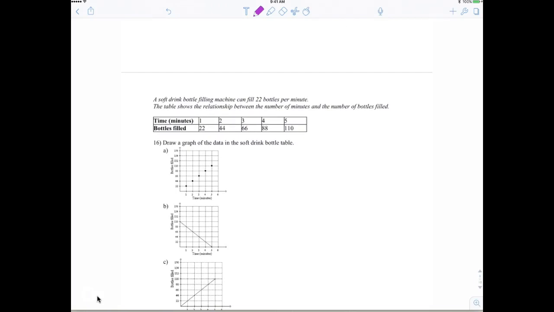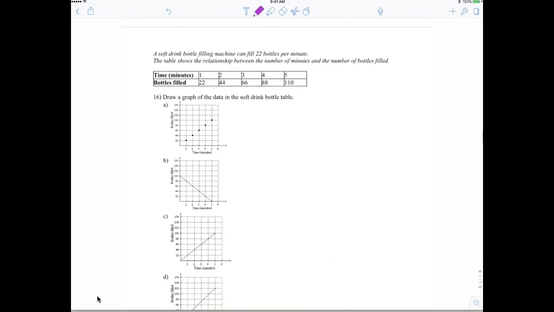The table shows the relationship between the number of minutes and the number of bottles. Now, would you say that just plotting those points is good enough, or can you connect the dots there? I think you can connect them. Why can we connect them? Because there's time in between each minute that there's bottles being filled, correct? Do you understand what I'm saying?